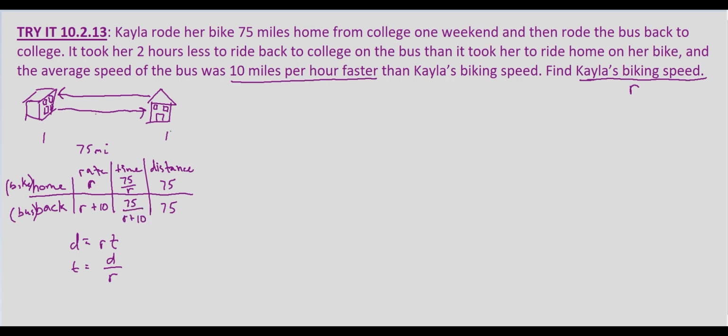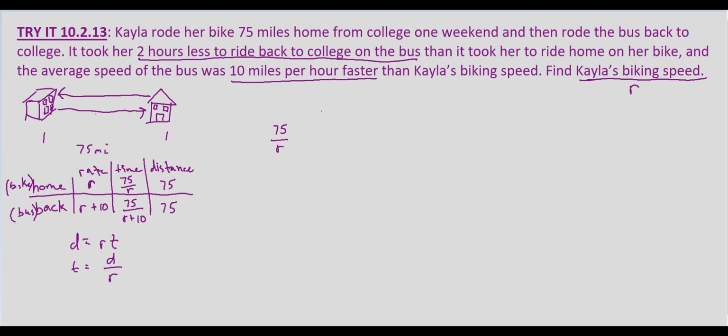Now, how do we put this all together? We're also told it took her 2 hours less to ride back to college on the bus, which is this 75 over R plus 10. We could do this a couple ways.